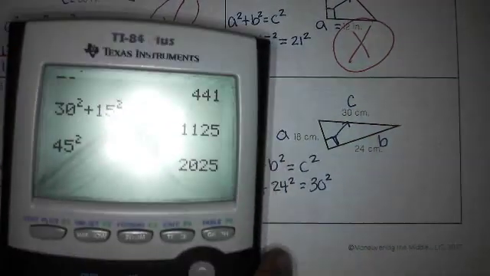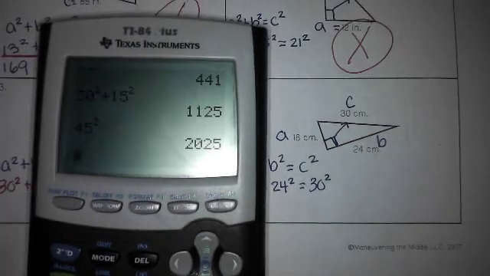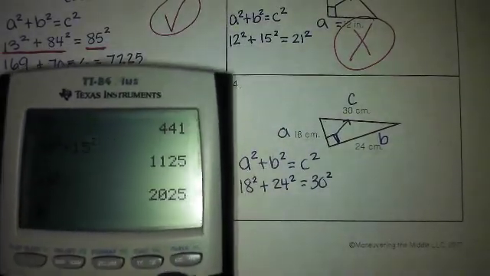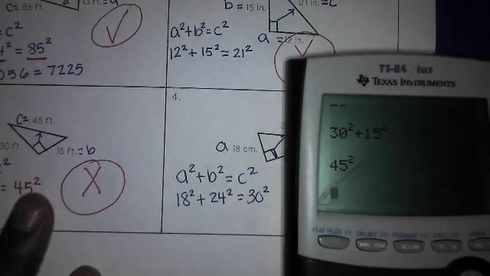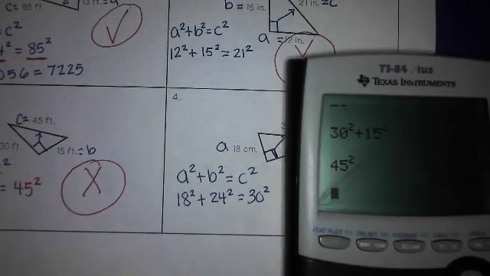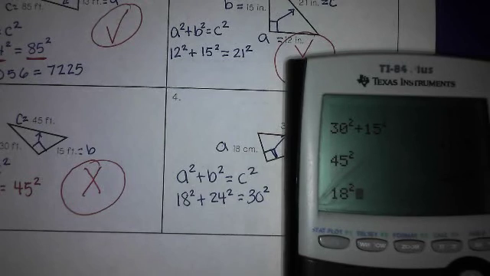Let's use the calculator. Double check our work. Move it down here so we can see it a little bit better. So 18 squared plus 24 squared, and that should give me 900.